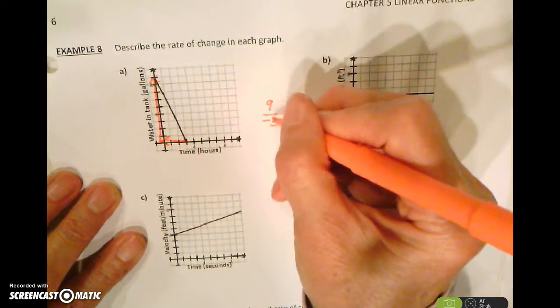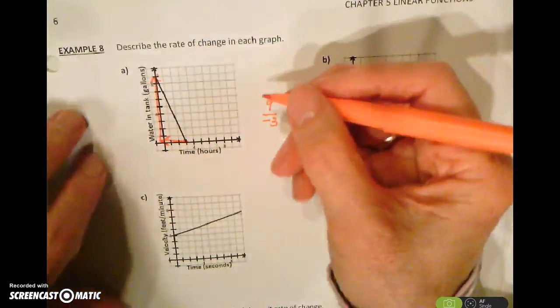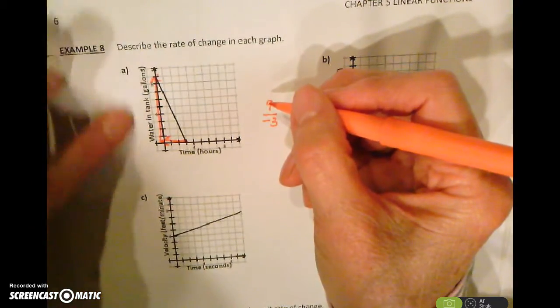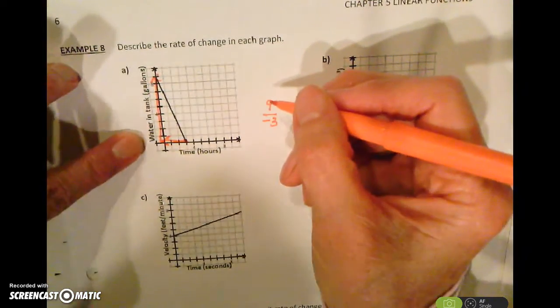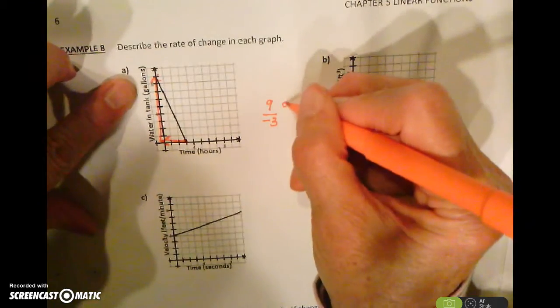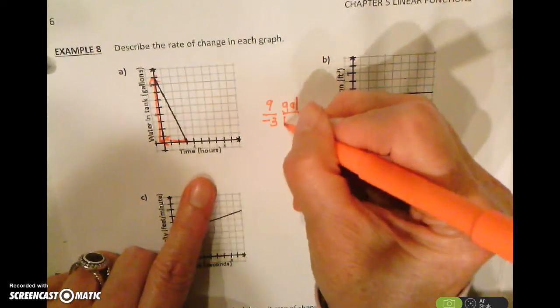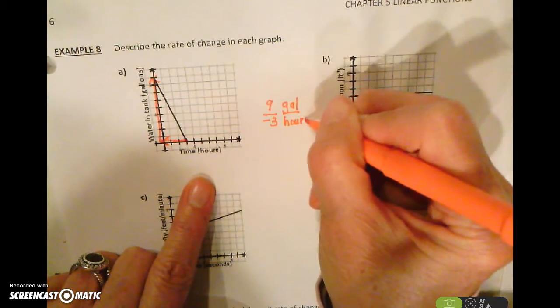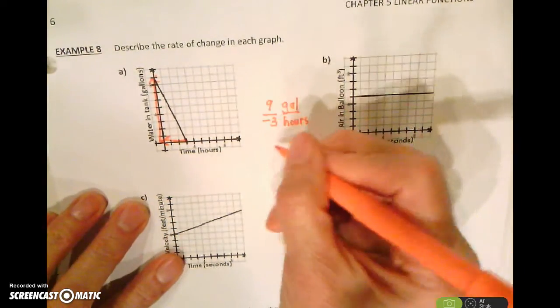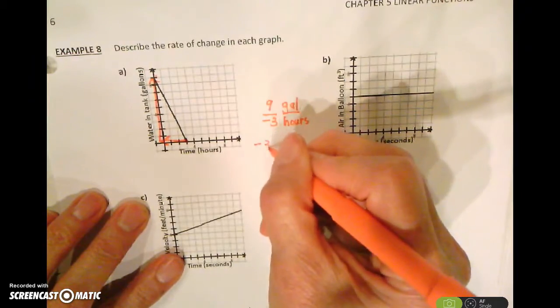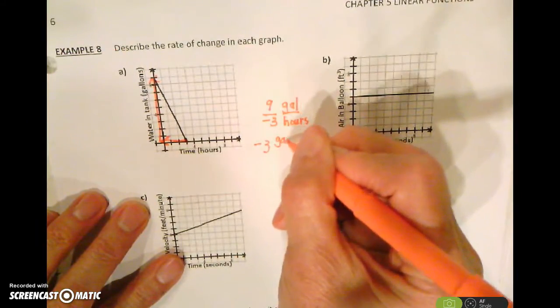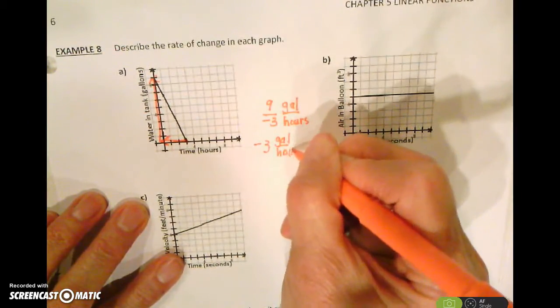So our slope is going to be 9 over -3. And again, the vertical change is water in a tank in gallons, and the change in time is hours for the horizontal. So this is going to reduce and become -3 gallons per hour.